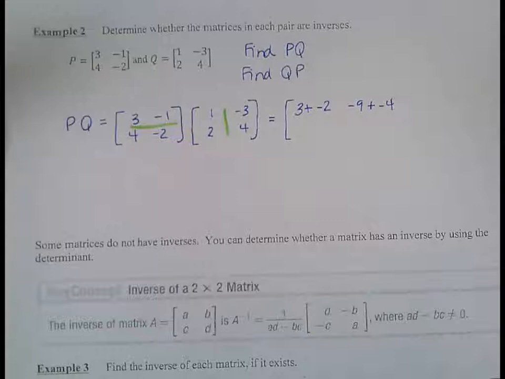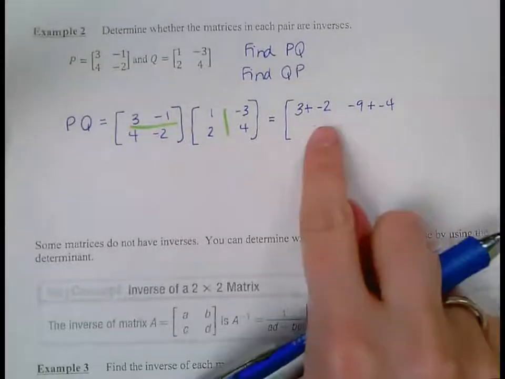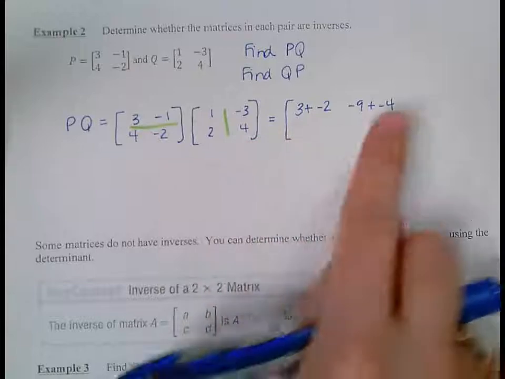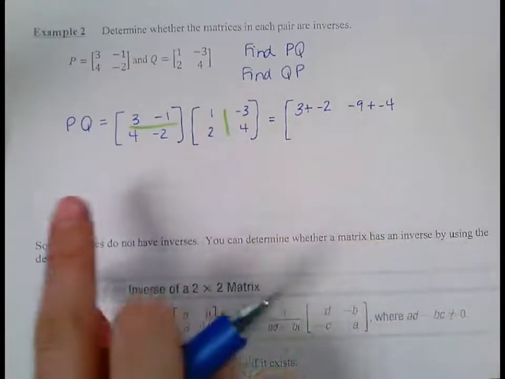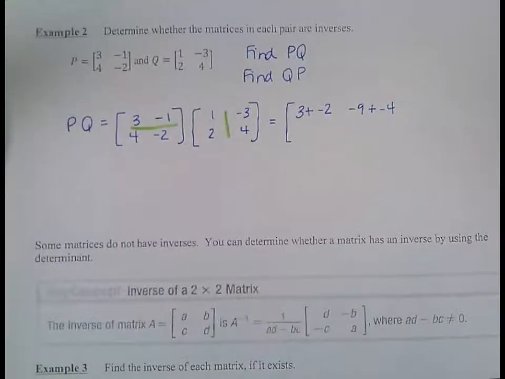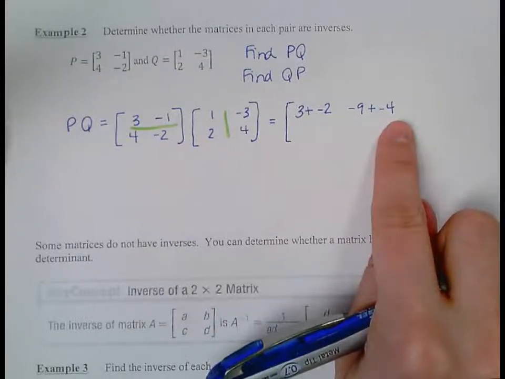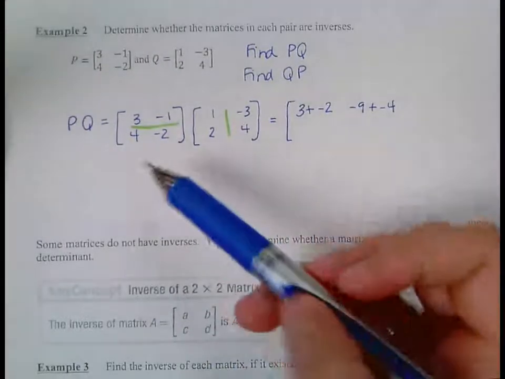Is this one going to work out? No. Even though I can see it's not going to work, I'm still going to find the rest of this matrix. But I do know it's not going to work because this is not 0. Negative 9 and negative 4 does not make a 0, so I'm not going to get the identity matrix.